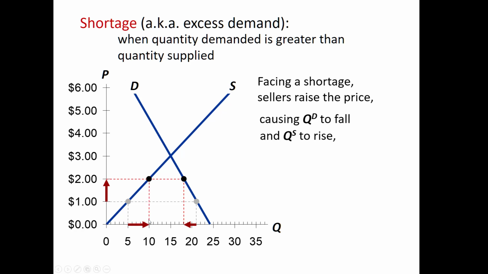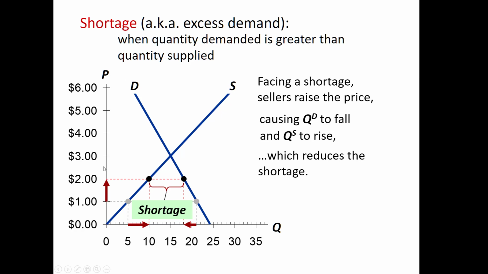And also, since you're not producing enough, another reaction the firm would have, if you were the manager of the firm, is you would increase the quantity supplied. That by itself reduces the shortage, but still not enough.